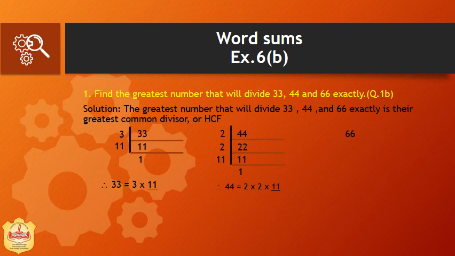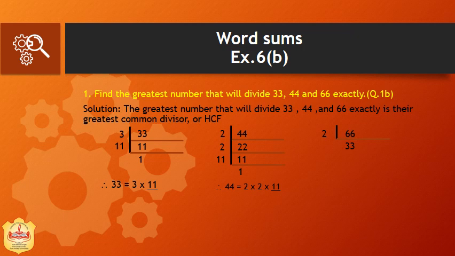Now let's come to 66. Again children, 66 is an even number. So you can divide it by 2. So let us divide 66 by 2. Our quotient will be 33. And now you cannot divide 33 by 2. So you will see the next number, which is 3. Yes, we can divide 33 by 3.